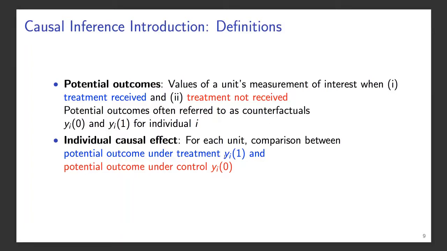So I've got my two potential outcomes, depending on whether or not I take aspirin. If in an hour I have a headache no matter what, then we would say that the aspirin has no effect. On the other hand, if I have a headache in an hour if and only if I don't take the aspirin, then we would say that the aspirin caused the headache to go away. So that would be the idea.